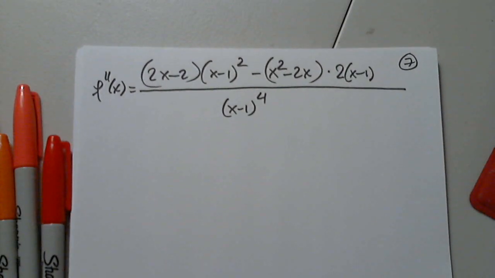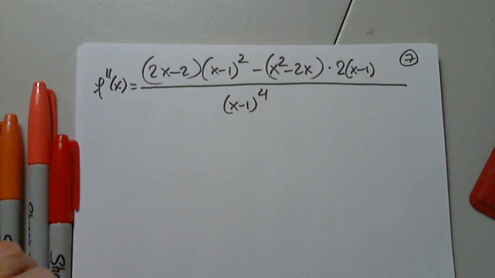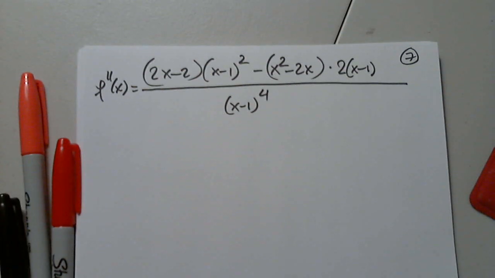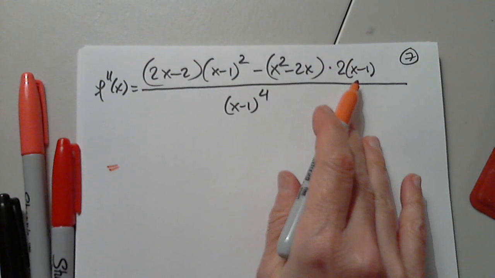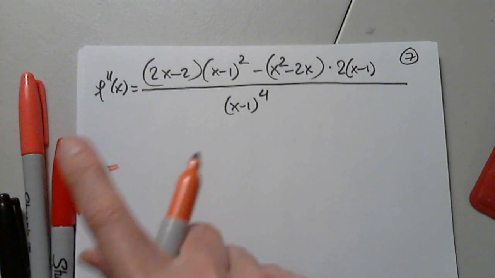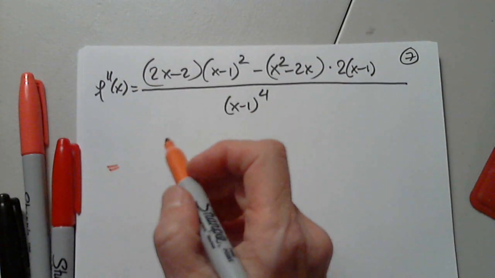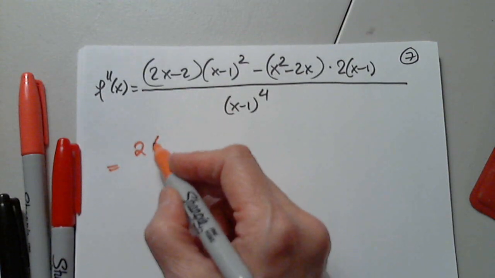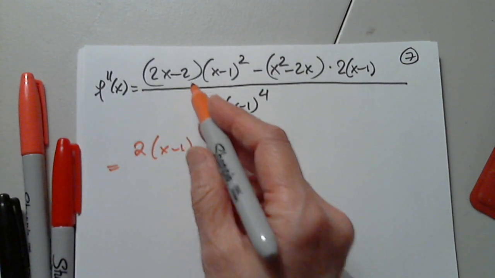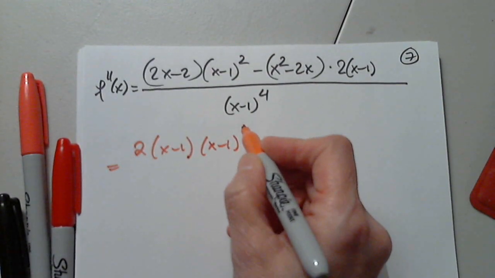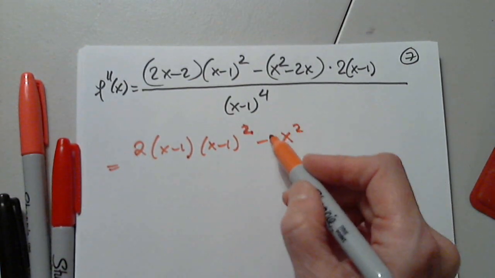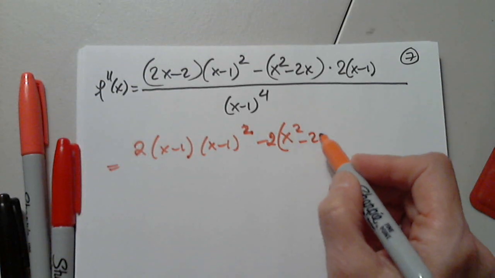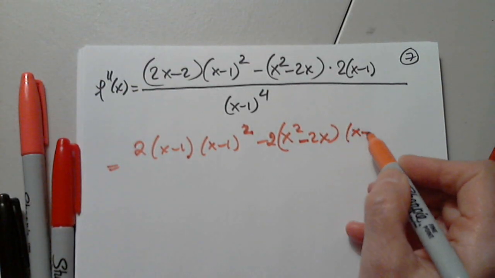Do not distribute. Please do not distribute. Very important to remember, please. So I have at least an x minus 1. If I factor out a 2, I will do that too. So 2 in front, x minus 1 times x minus 1 squared minus x squared minus 2x, and x minus 1.